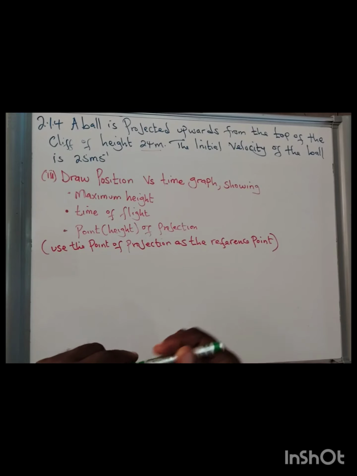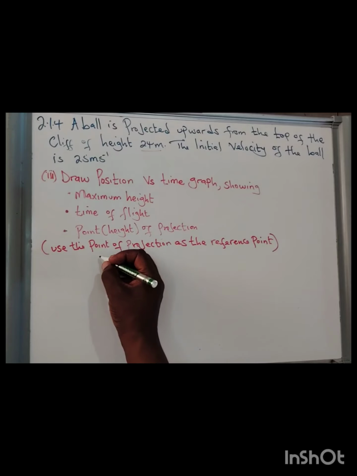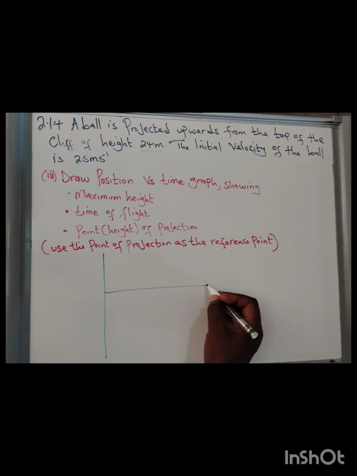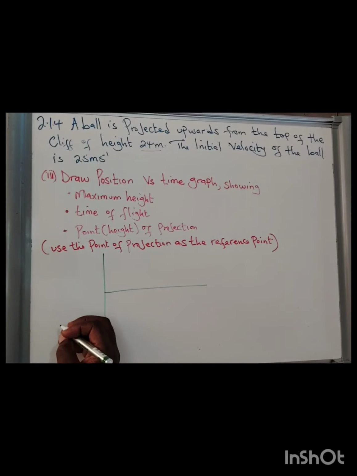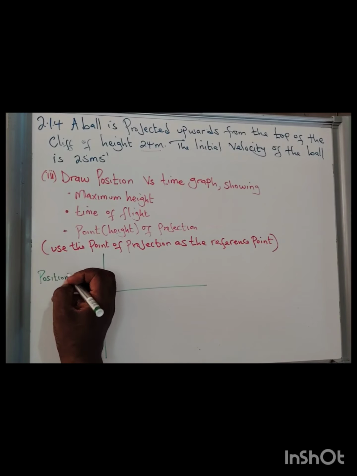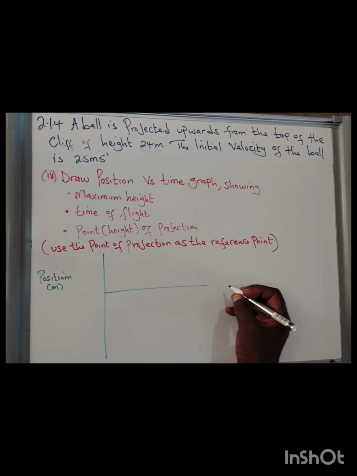Okay, so let's go back to what we're supposed to do. What do we have here? We have the axis. In the axis, what do we have? What is on the y-axis is the position, which is given in meters.